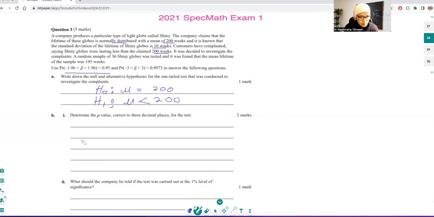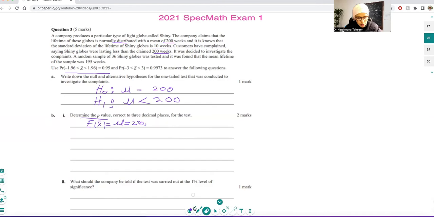Okay, now we need to find the p-value, correct to 3 decimal places, for the test. So we know that the expected value of x bar, which is the mean, is 200, right? And then we're going to work out the standard deviation.